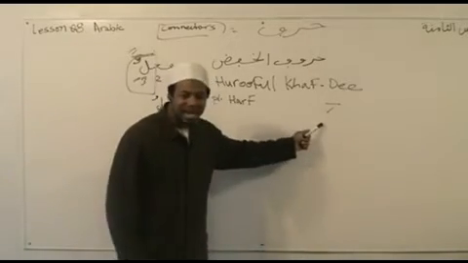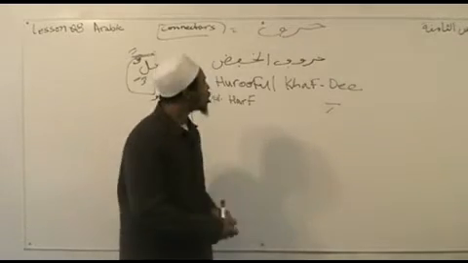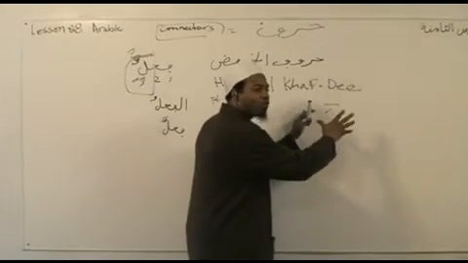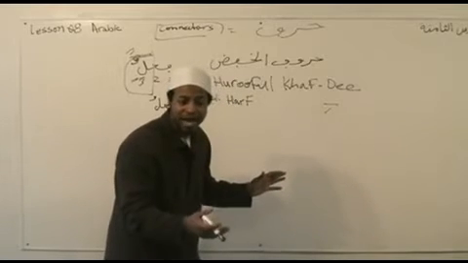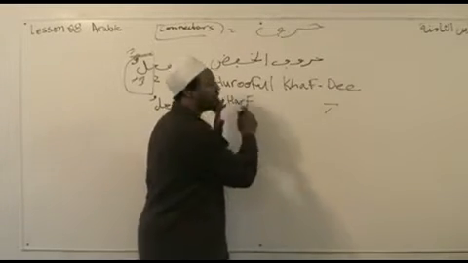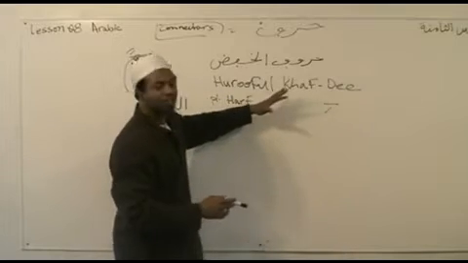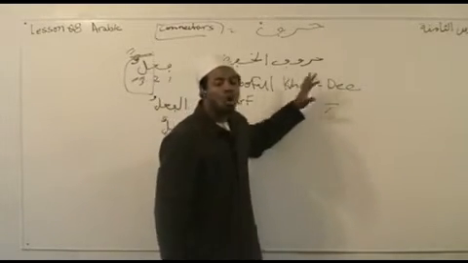But right now the main sign for khafdh is what? Kasra. So this khafdh represents a rule, because the kasra is a rule. Everybody following me? Yes. These letters, these words, these connectors are particular to the rule called what?